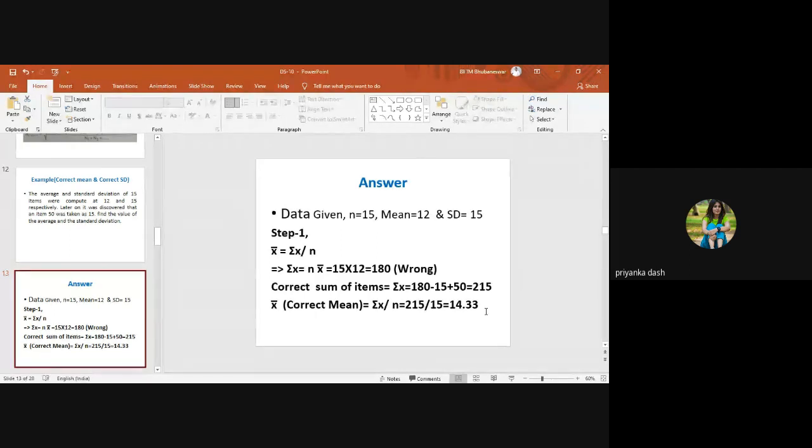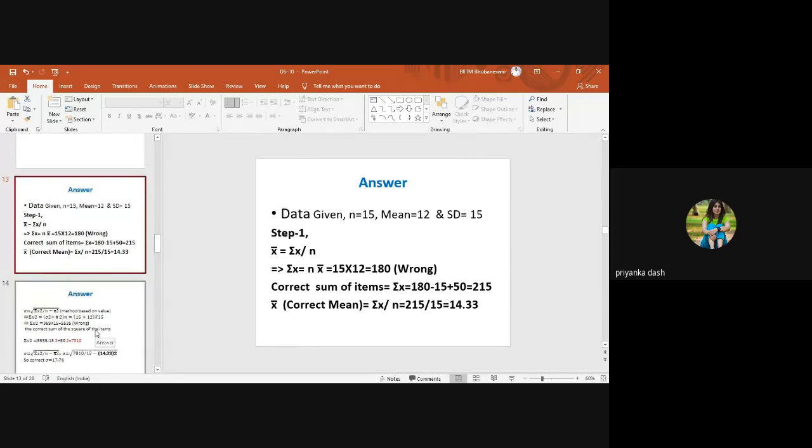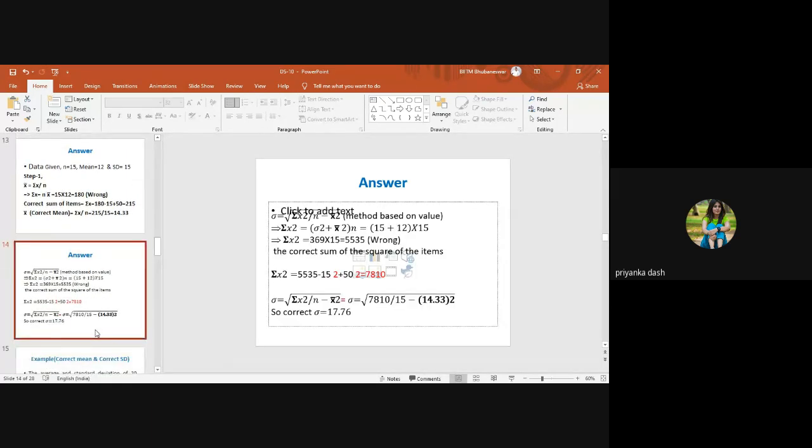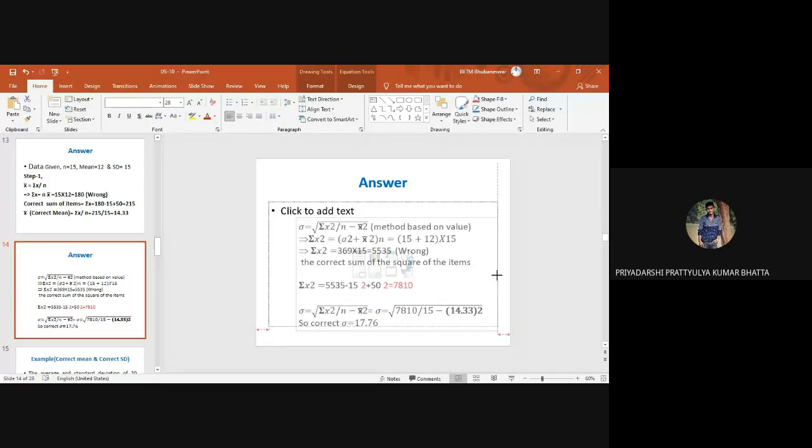One part is over. Now the next part. Note down here that the deviation is 5. This data is repeatedly used. In the next part, in case of standard deviation, just note down the formula.